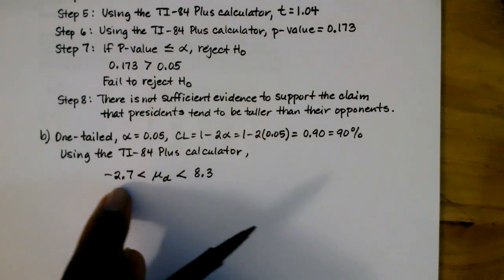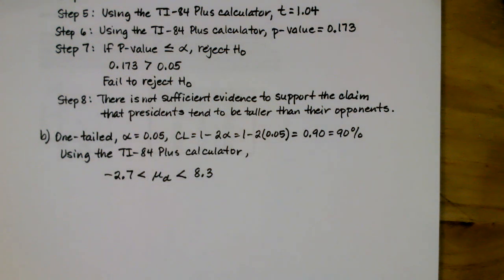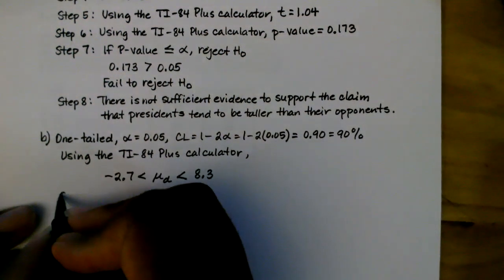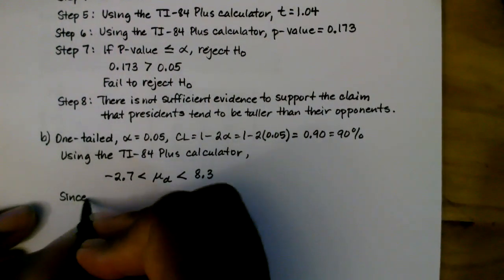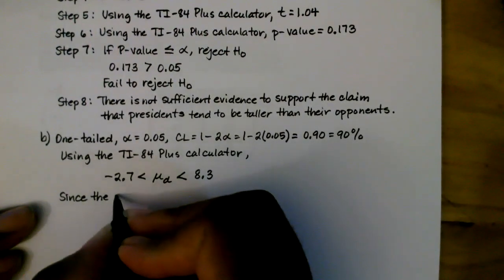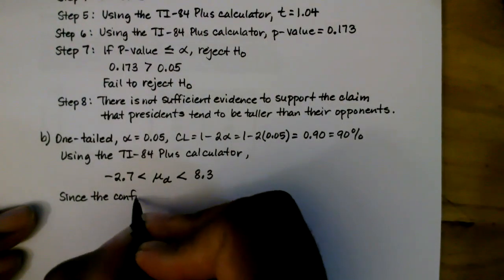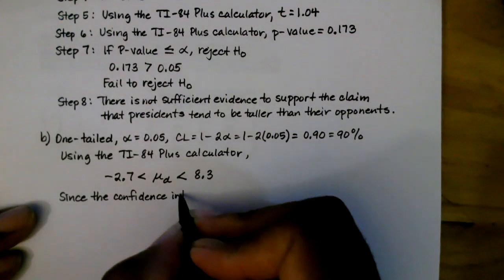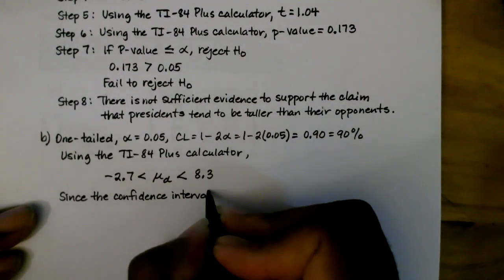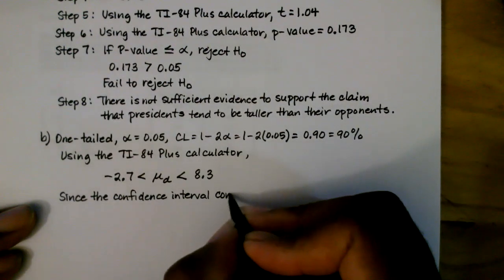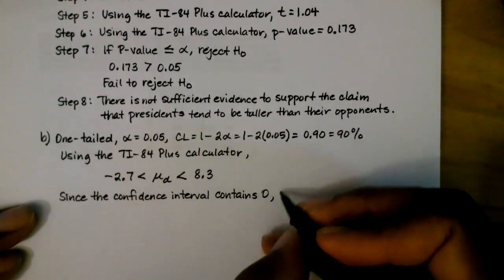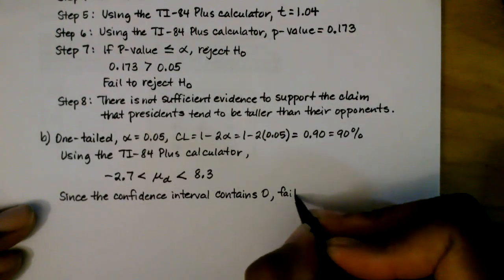That means 0 is within that interval. And since the confidence interval contains 0, we fail to reject the null hypothesis.